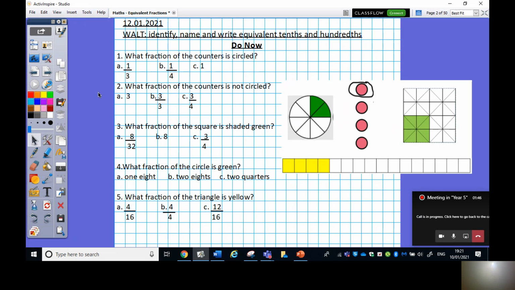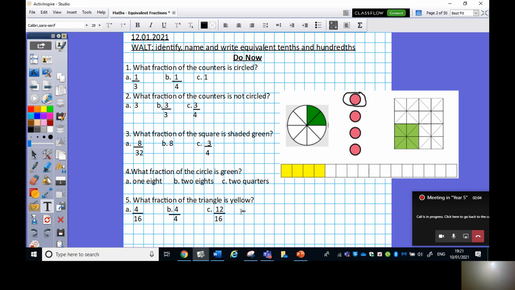What fraction of the square is shaded green? 4. What fraction of the circle is green? And 5. What fraction of the triangle is yellow? Sorry, that should be rectangle. What fraction of the rectangle is yellow? Pause once you've finished and we'll correct them together.